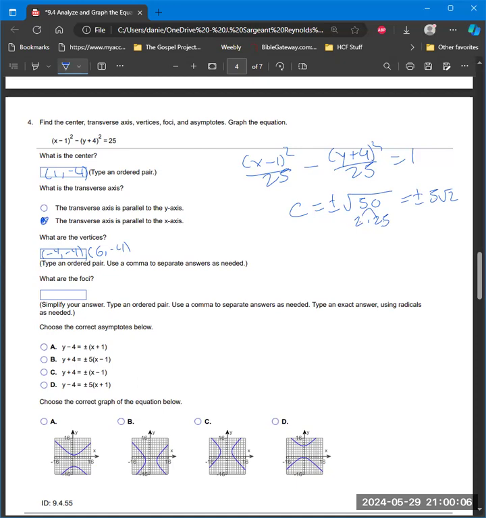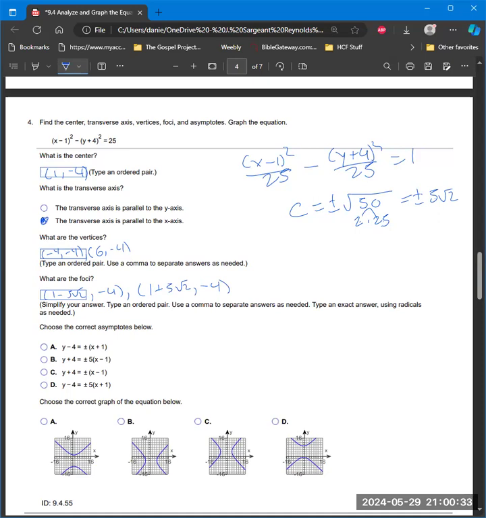The square root of 2 stays inside there because it doesn't break down anymore. So move that much in the x direction from the center. So this is (1 − 5 root 2, −4) and (1 + 5 root 2, −4).